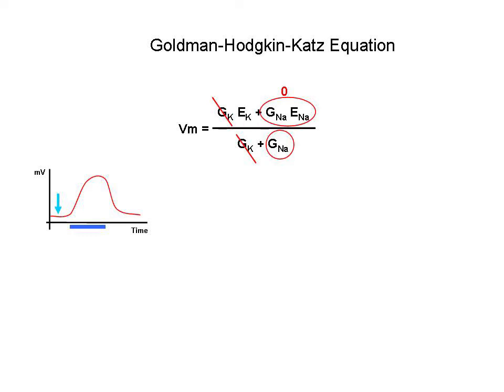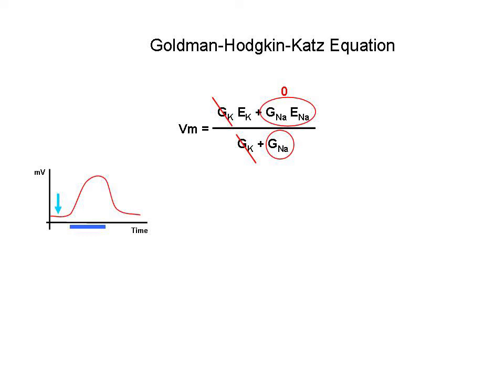So there's only potassium conductance, which means that the expression circled in red is basically zero, and G sodium is basically zero, which leaves us with GK times EK divided by GK, which GK drops, and this gives us that the membrane potential should be equal to the potassium Nernst potential, which we have already established.